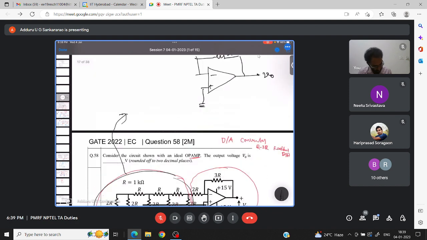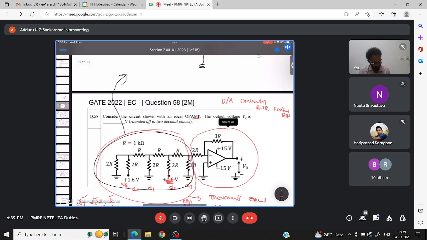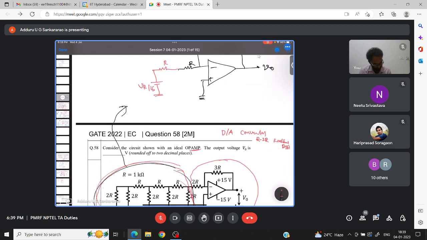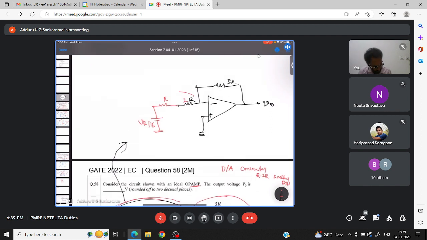Okay. Now here R is there. This is the actual circuit. Now I am replacing with its Thevenin's equivalent. What is the Thevenin's equivalent I got? R, VR by 16. Okay. Sorry. Here 2R is there. Here 2R is there. Yes. Now this 2R and R together 3R.